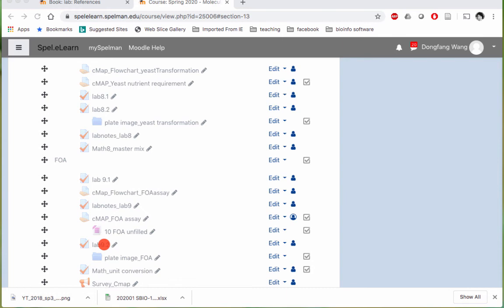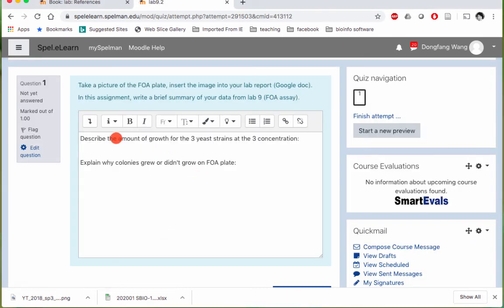Coming back to this assignment, lab 9.2, in this assignment, you're supposed to describe the growth pattern for the 3 yeast strains and the 3 different plating concentrations in both the SD plate and the FOA plate. So this is the data description part of the results section.